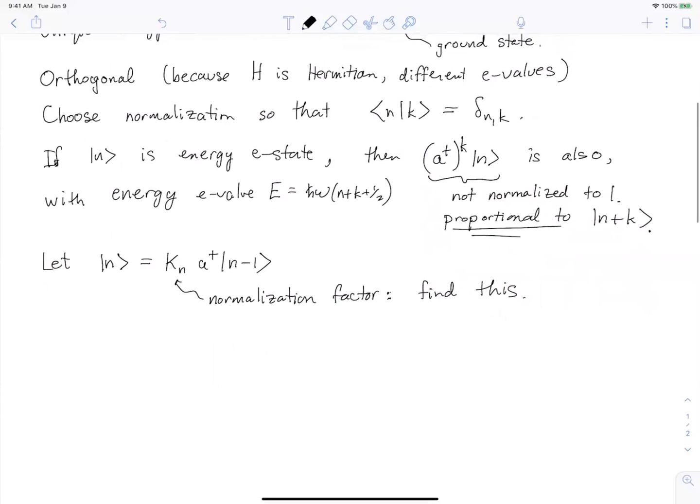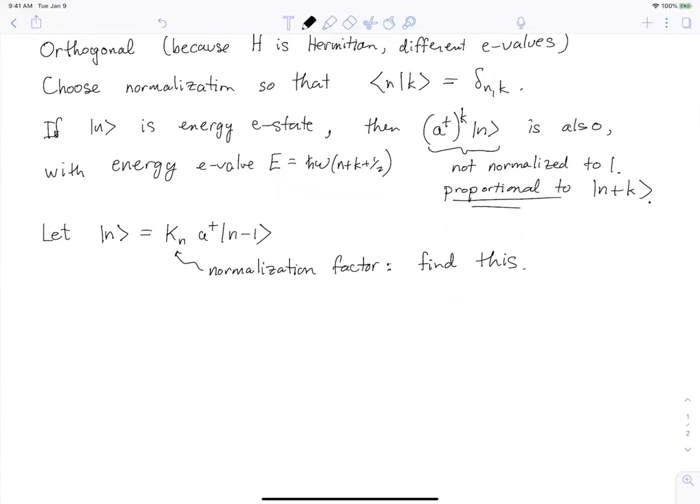Okay, and the tool we're going to use to find out what it is, is to demand that the states |n> be orthonormal. So if we have this equation, we can take the Hermitian conjugate of it. And so we know the bra <n| is equal to k sub n star, k sub n is some number, times the bra <n-1| acting on the right by a. We changed a dagger into a.